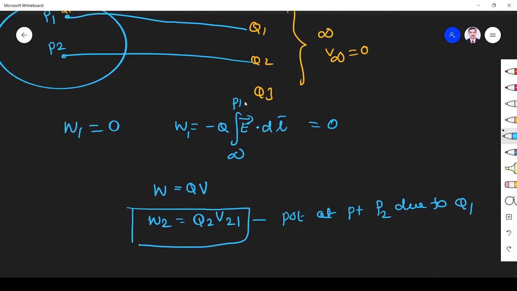Similarly, if I want to move charge Q3 to point P3 here, now this point has potential due to charge 1, that is V31, and the potential due to charge 2 at point P2, that is V32. So the potential at point 3 due to charge 1, and the potential at point 3 due to charge 2.